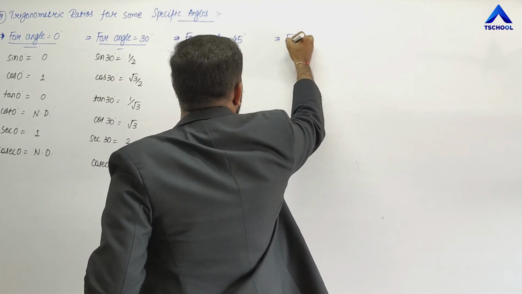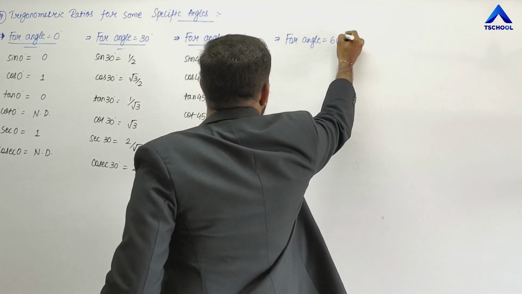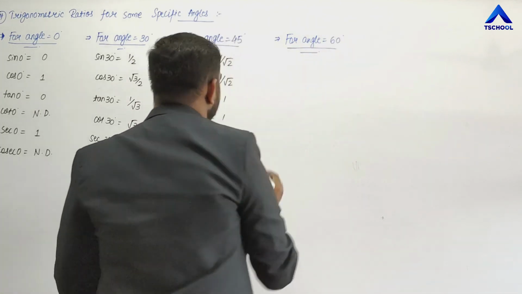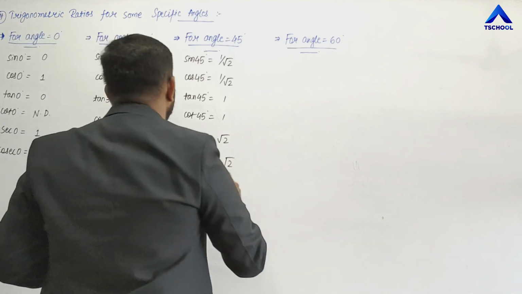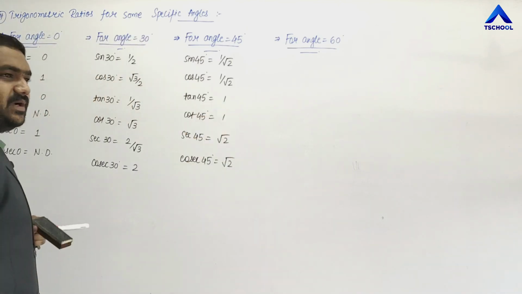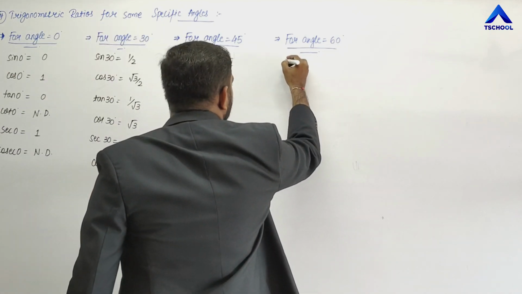Then we will have for angle equal to 60 degree. For angle equal to 60 degree, we just need to cross multiply the values here as we saw in the last lecture, the previous video lecture.